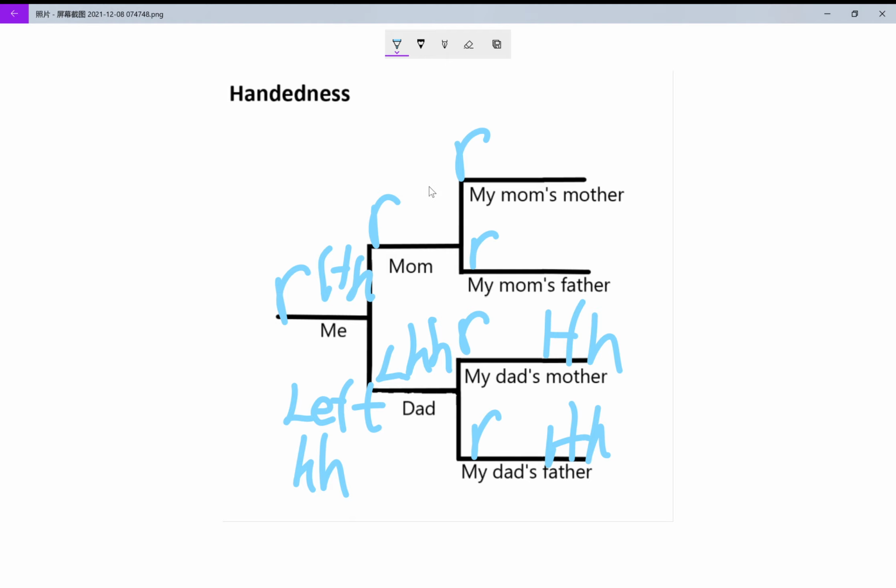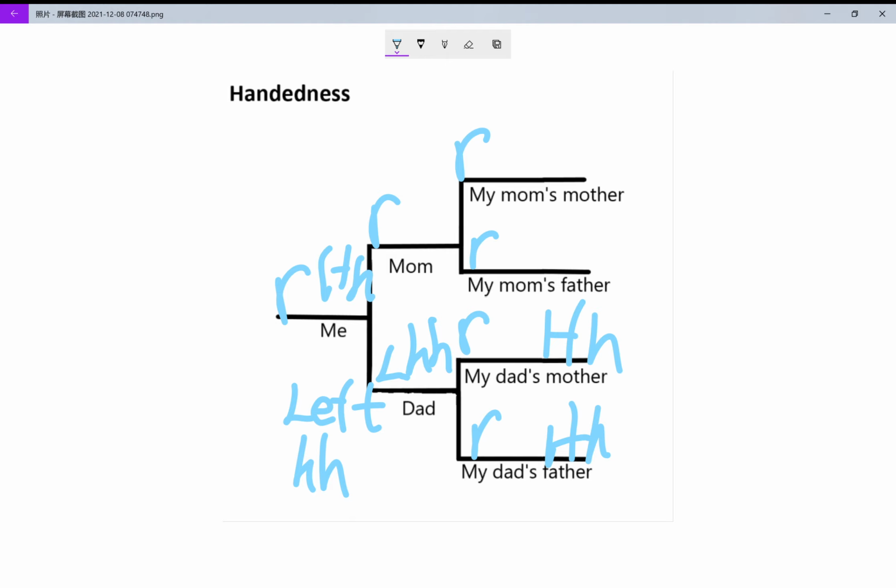Okay, the next trait is rolling tongue. Now I know that both of my dad's parents can roll their tongues. My dad can also roll his tongue.